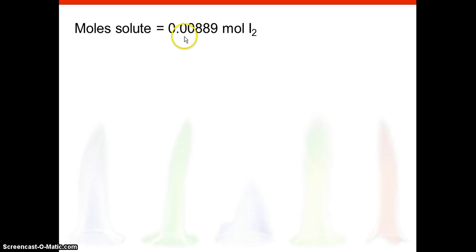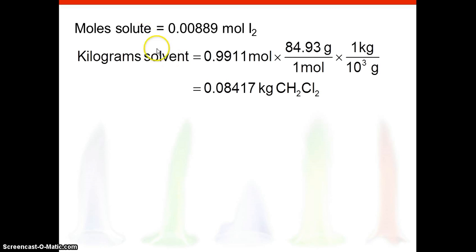So we have moles of solute, which is 0.00889 moles I2, and we need the kilograms of solvent. So we have 0.9911 mole and then we multiply by its formula mass. CH2Cl2 formula mass is 89.93 grams. Once we convert moles to grams, we convert into kilograms by multiplying by this conversion factor. We know that 1 kilogram equals 1000 grams.